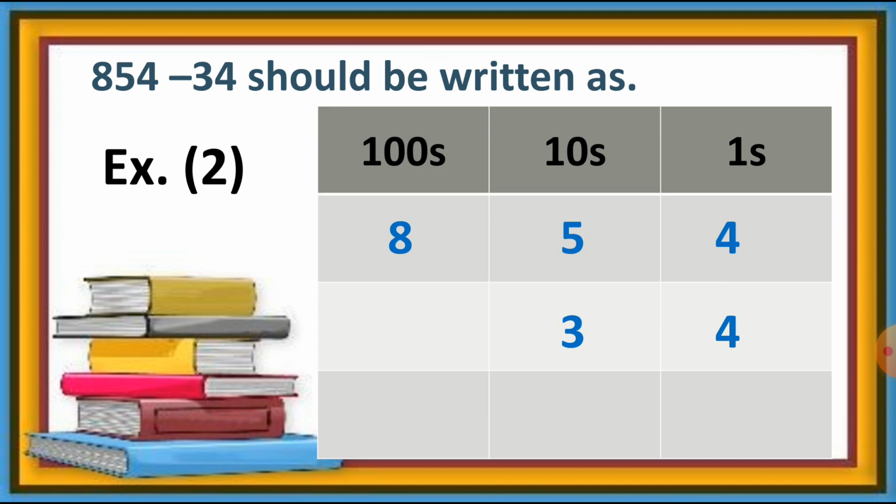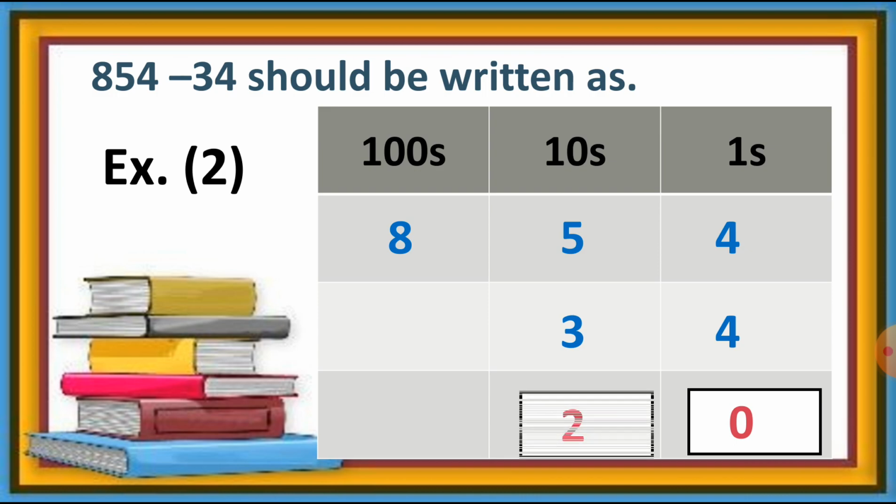Now students, we can easily subtract this sum. This is very easy now. We take the ones column first. So 4 minus 4 here, these are equal numbers. Whenever you are subtracting equal numbers, you will get the answer 0. So 4 minus 4 is equal to 0. Then let's go to the tens column, which is 5 minus 3.